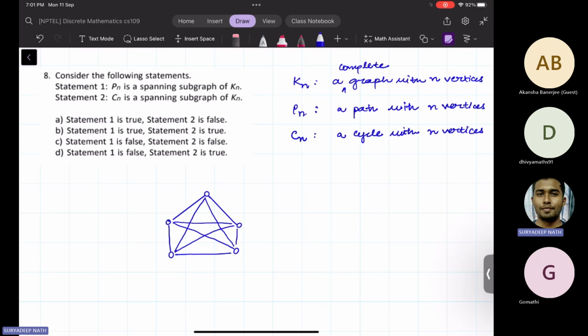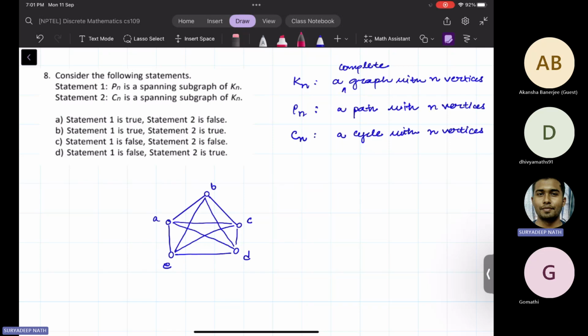So this is the complete graph Kn. The blue edges are for Kn. Now tell me what is Pn. So Pn is, I can have any path. Let's say I name these nodes A, B, C, D, E.